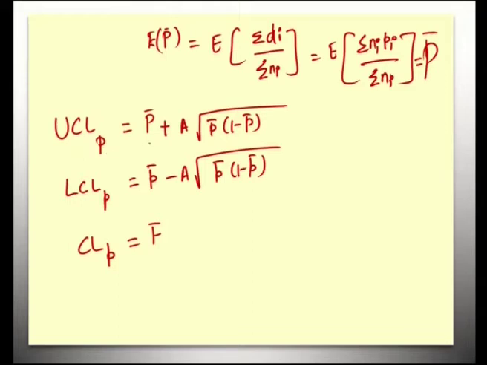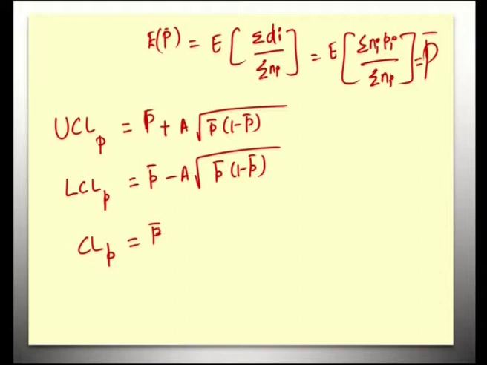UCL of P is equal to P bar plus A into root of P bar into 1 minus P bar. LCL of P is equal to P bar minus A into root of P bar into 1 minus P bar, and CL of P is just P bar. So far we discussed a control chart for the fraction defective, called a P chart, when standard values are known and when they are not known.